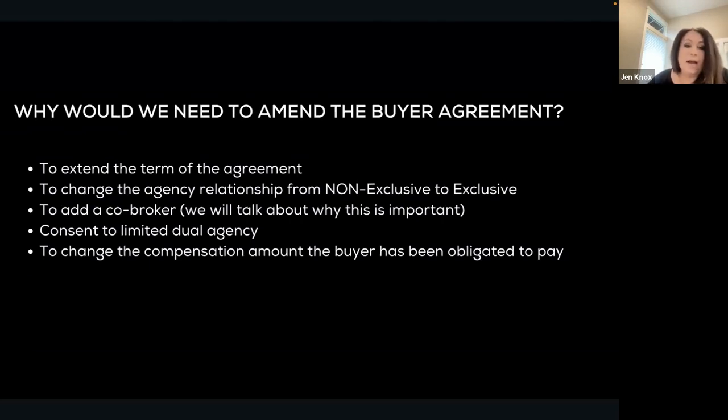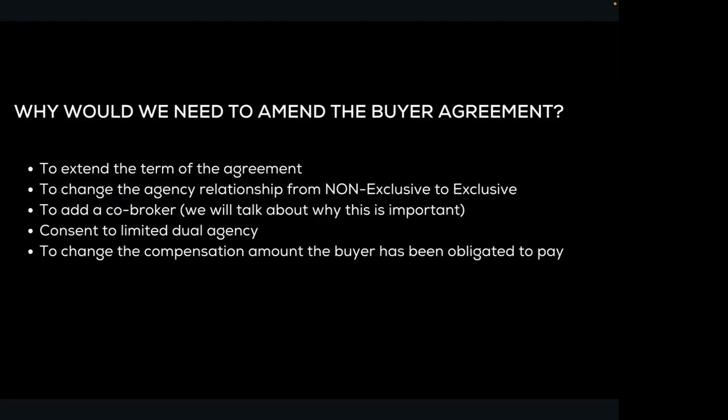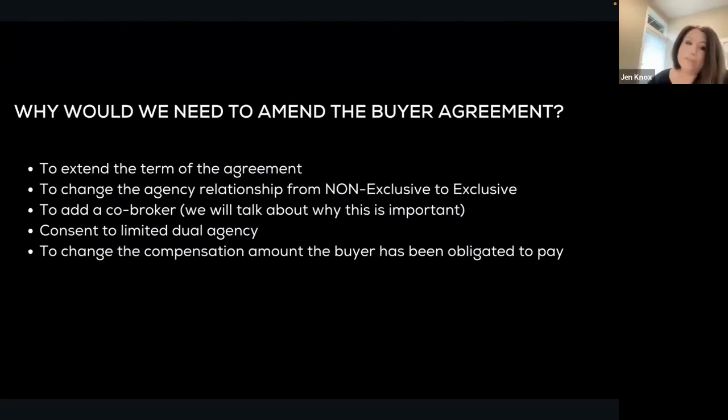We would change it to add another broker, like a co-broker, and later we'll talk about why this is important. And then also to consent to dual agency. And then lastly, we want to make sure that whatever we obligate our buyer to in our purchase and sale matches what they're obligated to in our private buyer agreement. So we're going to be using this form if the compensation that you've written down does not match the purchase and sale agreement.